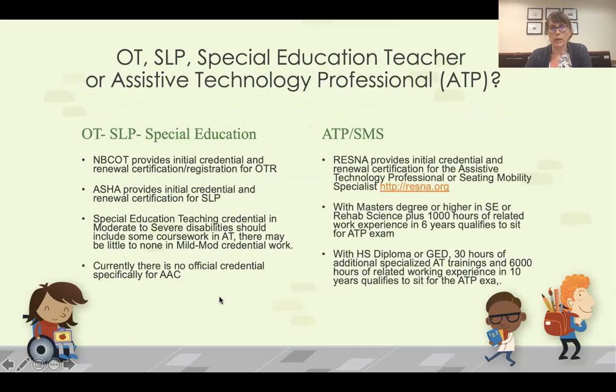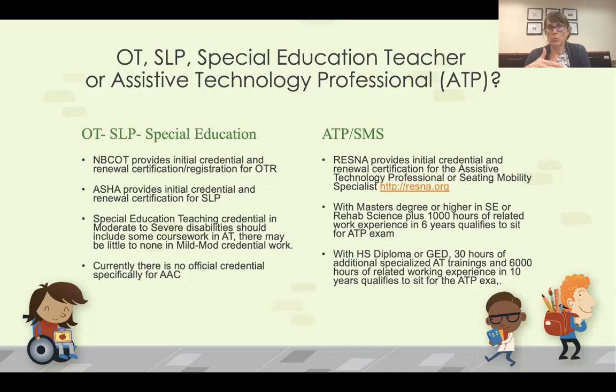So really quick, here's the difference between an assistive technology professional and an OT, a PT, speech, or special education teacher. So if you look on the right side, ATP means assistive technology professional, and SMS means seating and mobility specialist.